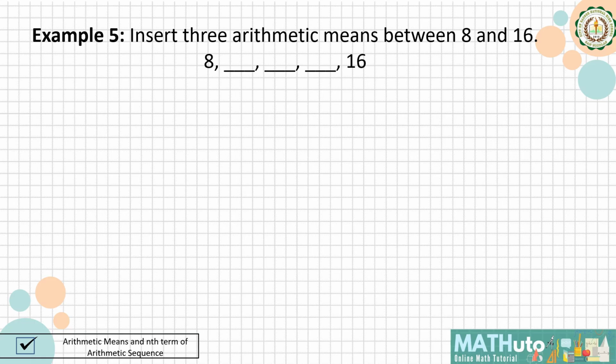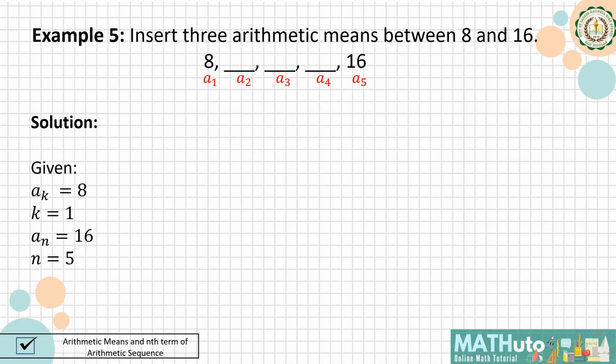For example, insert 3 arithmetic means between 8 and 16. 8 will be our first term, and 16 is our fifth term. We will be looking for a sub 2, a sub 3, and a sub 4. First, the given, our a sub k is equal to 8, or the first term, wherein k is equal to 1.